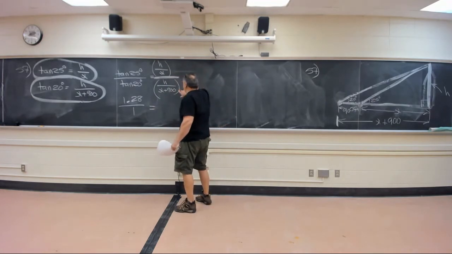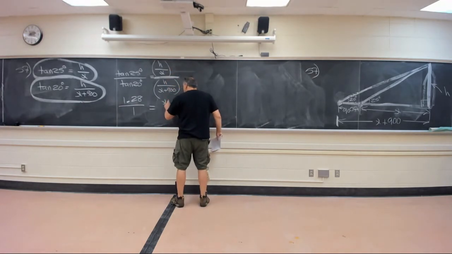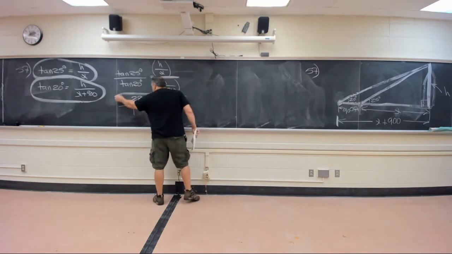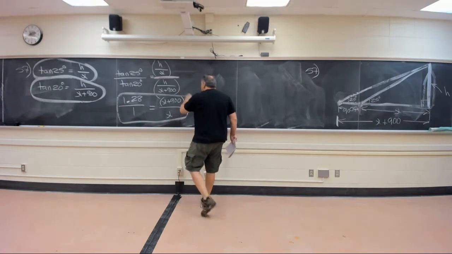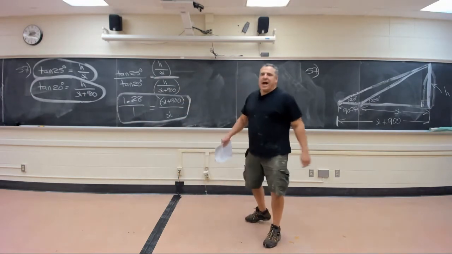This divided by that. A fraction divided by another fraction is the first fraction multiplied by the reciprocal of the second fraction doing the dividing. That flips over. The h's cancel out. And some of the beauty of the mathematics, you guys: this right here is going to end up solving for x.